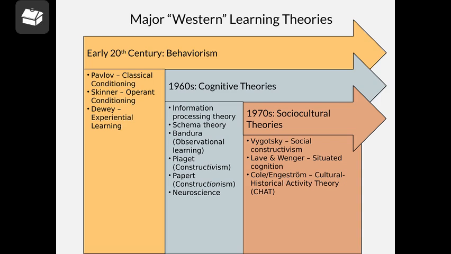In the 1970s, sociocultural theories emerged. Now, it's important to point out that Vygotsky died in 1934. His theories were not widely appreciated until the 1970s when they were first translated from Russian into English by a number of researchers.